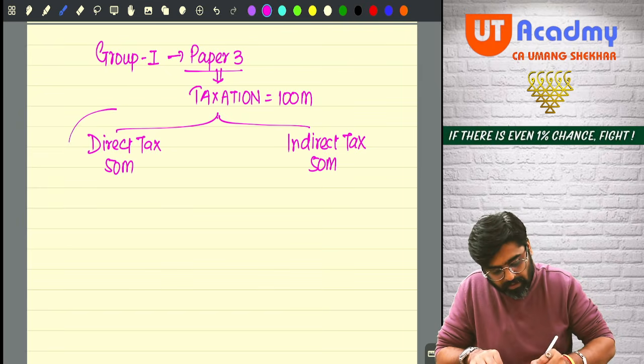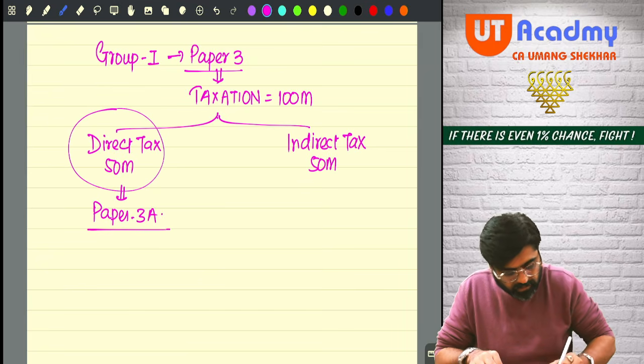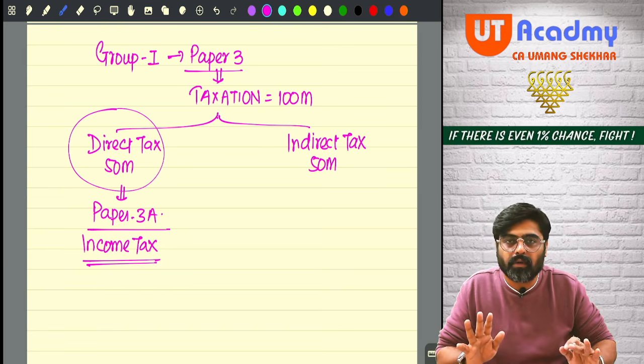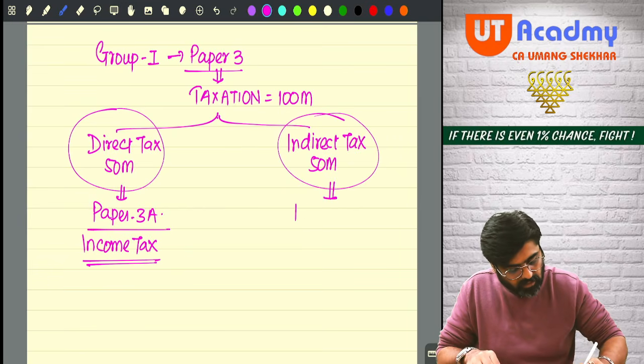So this 50 mark syllabus which you are going to study for direct tax, this is your paper 3A. And in this, you are just supposed to study income tax only. That's it. And this 50 marks indirect tax, this is your paper 3B.